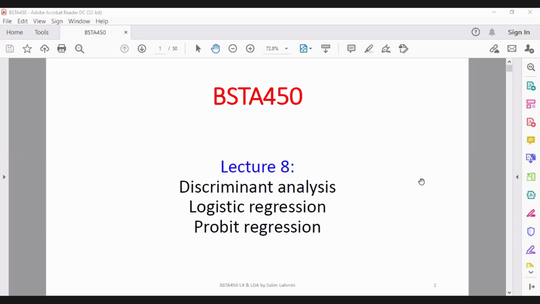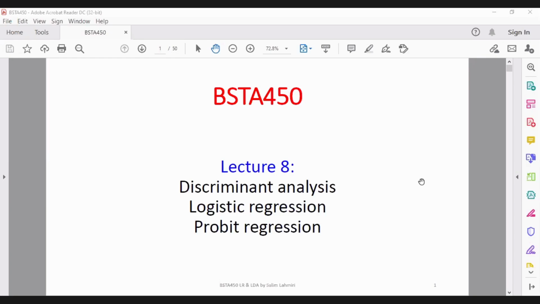Mathematically speaking, y belongs to R. But in some business or economics applications, the variable y is not continuous. It takes binary values, for example, 1 or 0.